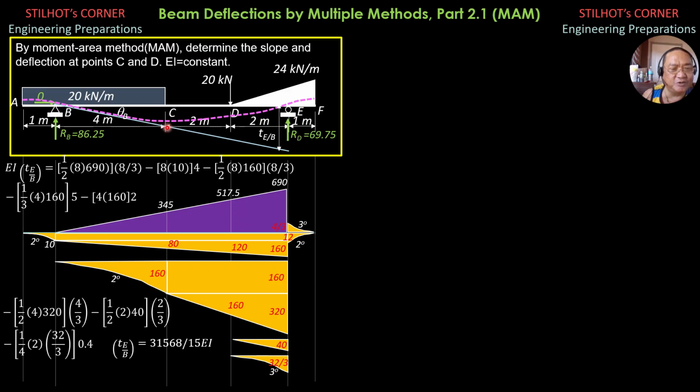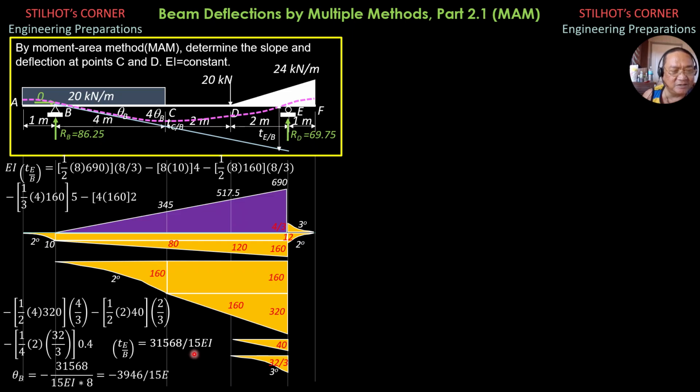This very small vertical distance between the tangent at B and the elastic curve is actually the deviation of E relative to B. So theta B is negative, negative of that value divided by 8. So that's the deviation of C relative to B. Negative of 31568 over 15 EI divided by 8.